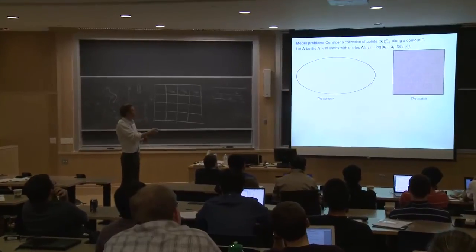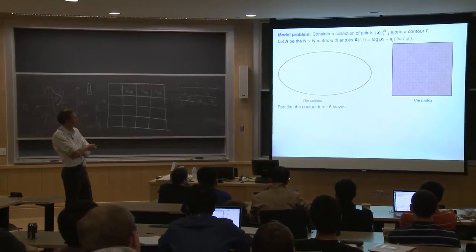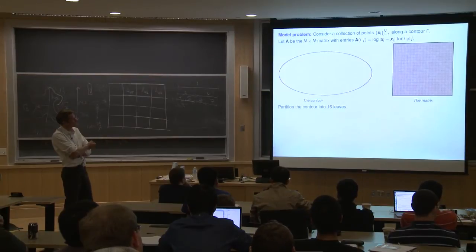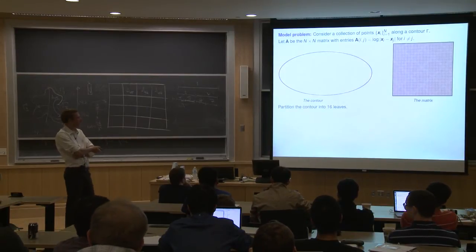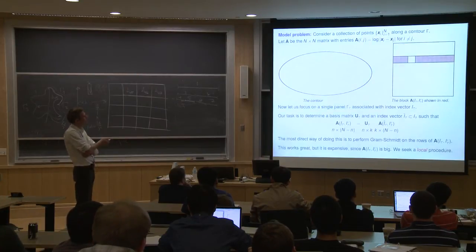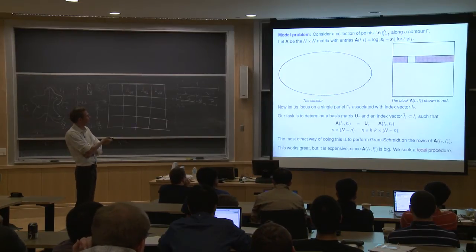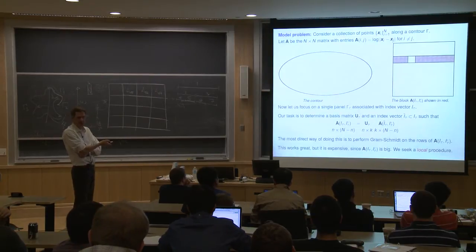All right, so now let's talk about how to actually compute these basis matrices. First we partition. In this case, just for purposes of the graphics, it was most convenient to partition into 16 leaves. There's a little section here that's marked in red, and I want to skeletonize the interaction of this little guy with the rest of the world.